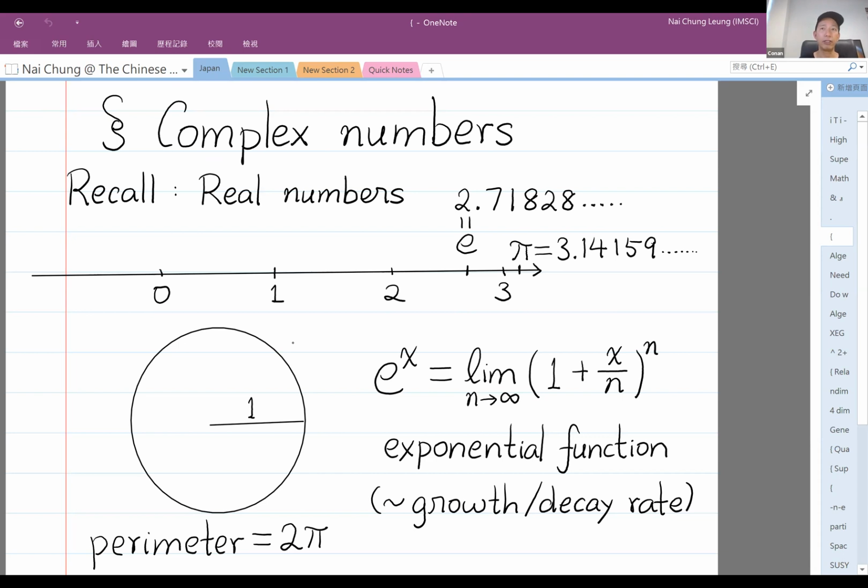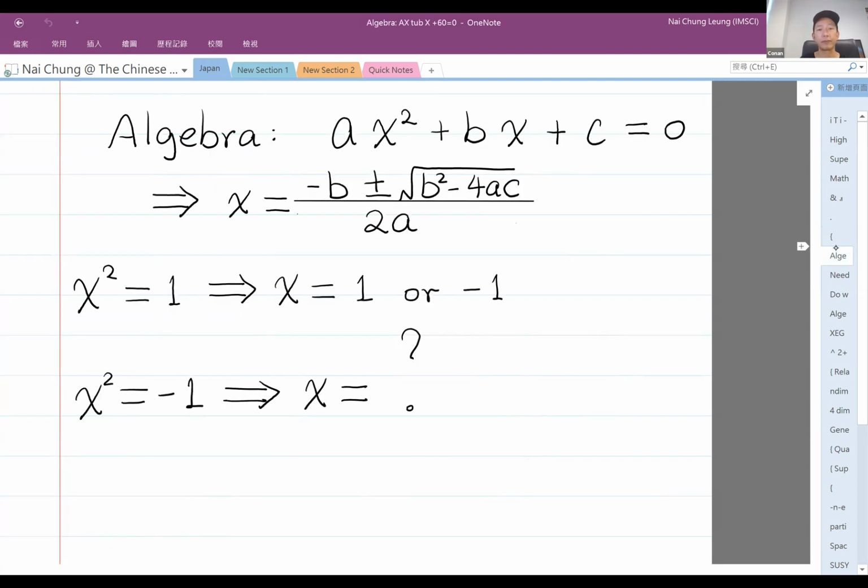The number e plays such an important role that it's called the natural base. And pi is related to the circle, for example, 2 pi is the circumference of a circle of radius 1. So those are real numbers.